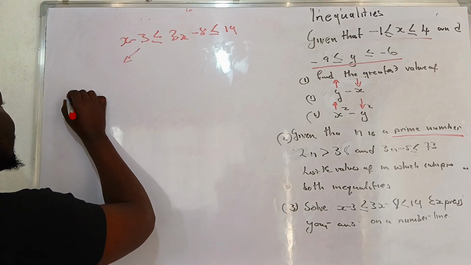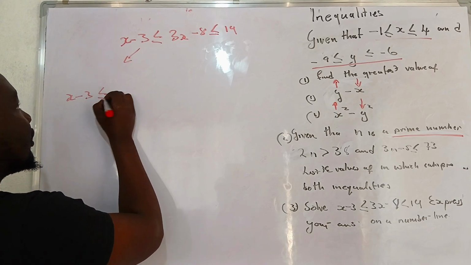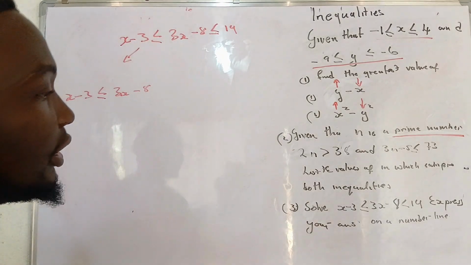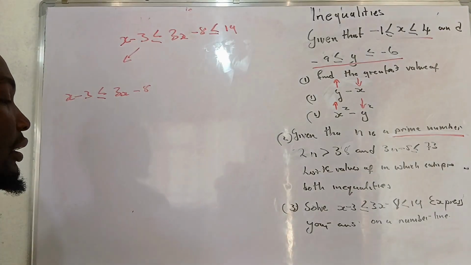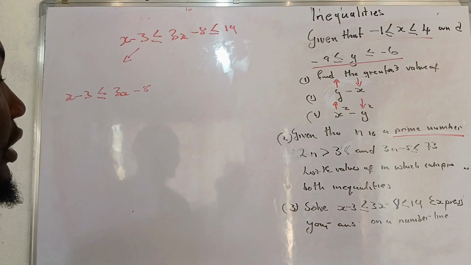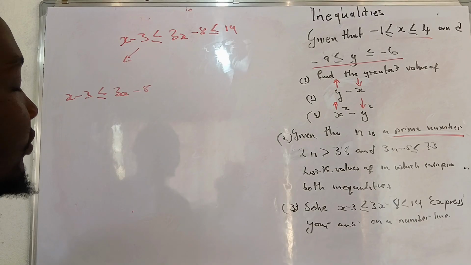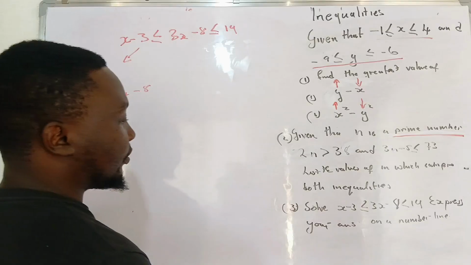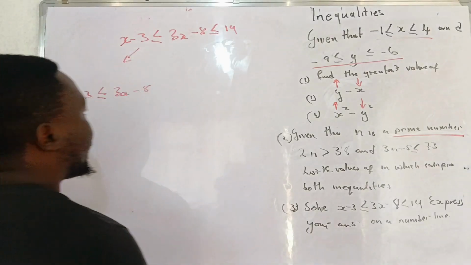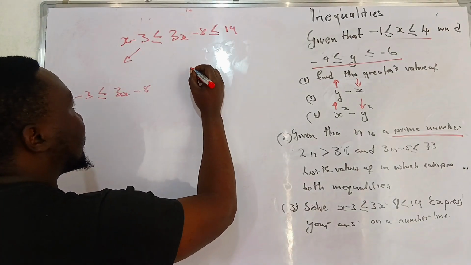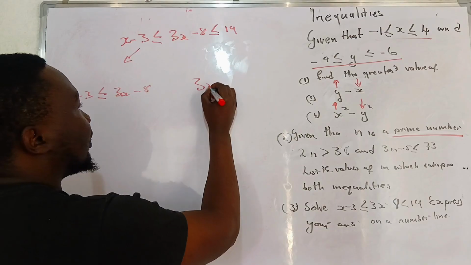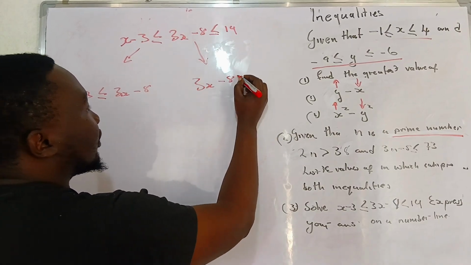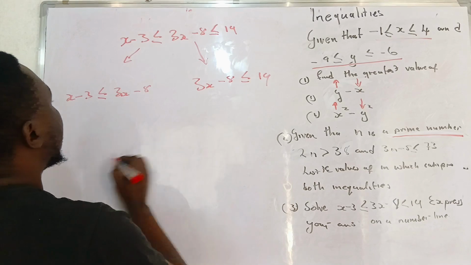The first part is x minus 3 is less than or equal to 3x minus 8. Then we also move to this side. We say 3x minus 8 is less than or equal to 19.